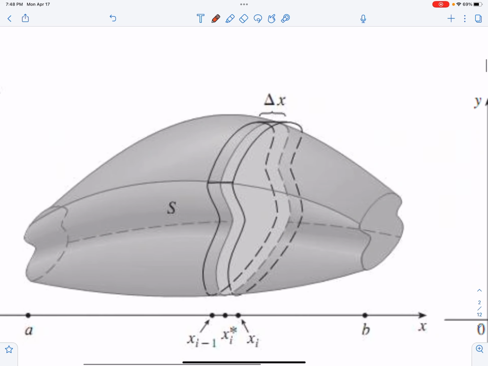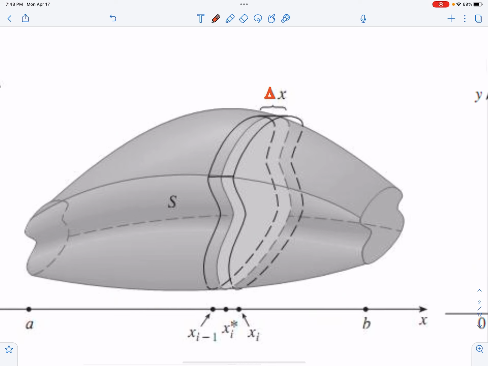Now, again, back to the Riemann sum idea. This looks like a pretty thick slice, and we'll say it has a width of delta x. If we think about making the width delta x smaller and smaller, then that's when we rename it dx, when that slice becomes infinitely skinny, just like with the infinitely skinny rectangles.